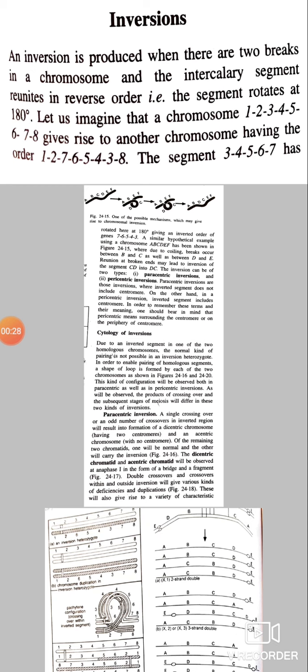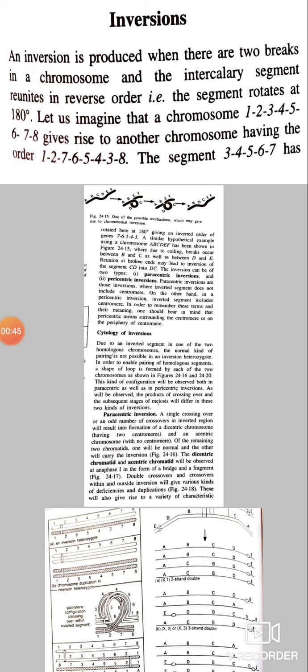An inversion is produced when there are two breaks in a chromosome and the intercalary segment reunites in reverse order, like the segment rotates at 180 degrees.